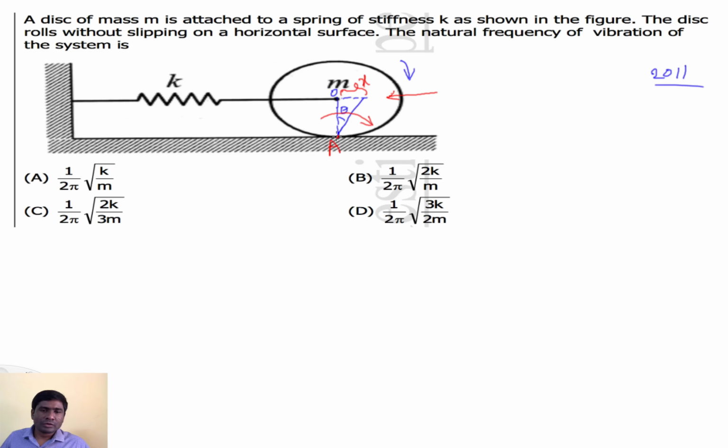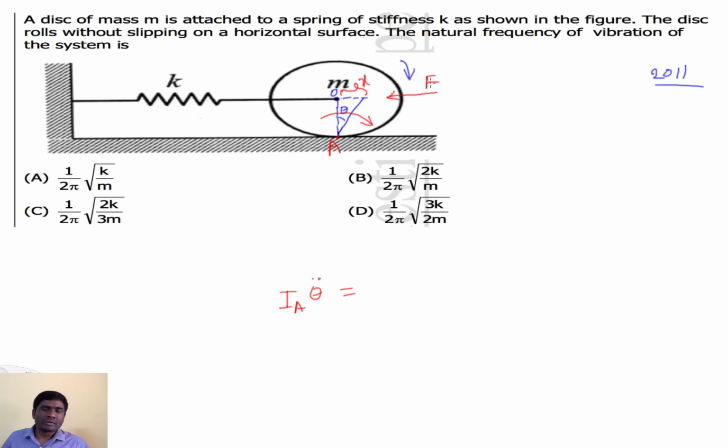So again we need to apply moment about the point A. So IA into theta double dot equal to, this is actually trying to rotate in the clockwise direction, but the spring force is trying to rotate the same disk in the anti-clockwise direction. So here F into the perpendicular distance L.